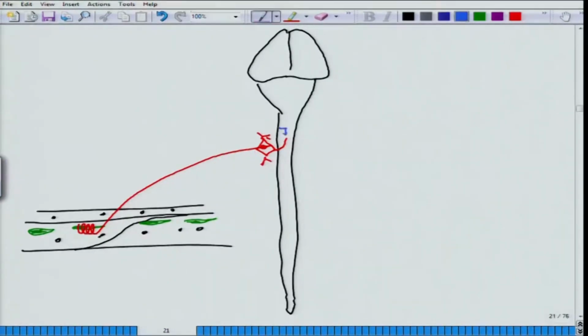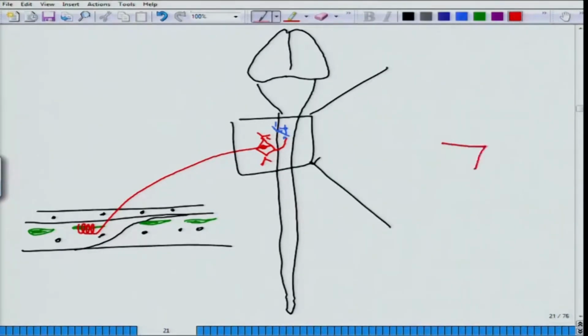Either it forms a connectivity directly with the motor neuron sitting along the ventral pathway, or there may be a connecting neuron. Let me magnify this part. What are the possibilities? So, one is this: this is the cell body of the sensory neuron, it is coming.